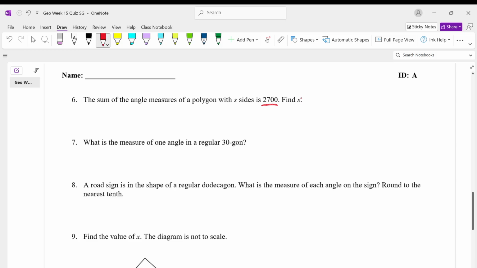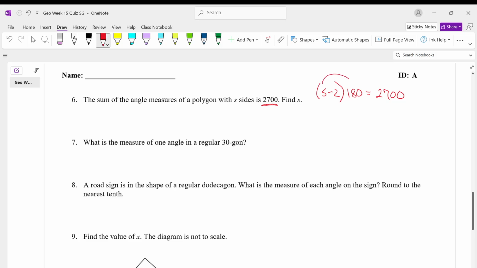Find S. So in this case, we're using the same formula for sum of the angles, but instead of an N, we're going to use an S. So the formula is S minus 2 times 180 equals the sum of the angles, but you're told that the sum of the angles is 2700. So that goes here. We set the formula equal to the sum that is given, and now we're going to solve for S.